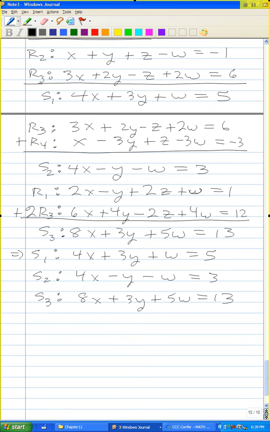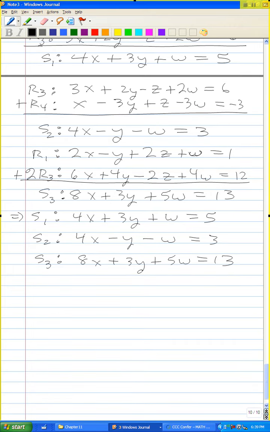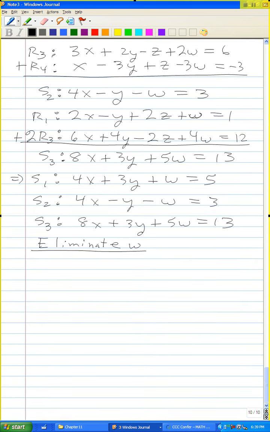Okay, so I guess I will eliminate w, because that looks pretty easy. So let me do that. So S1, 4x plus 3y plus w is 5.